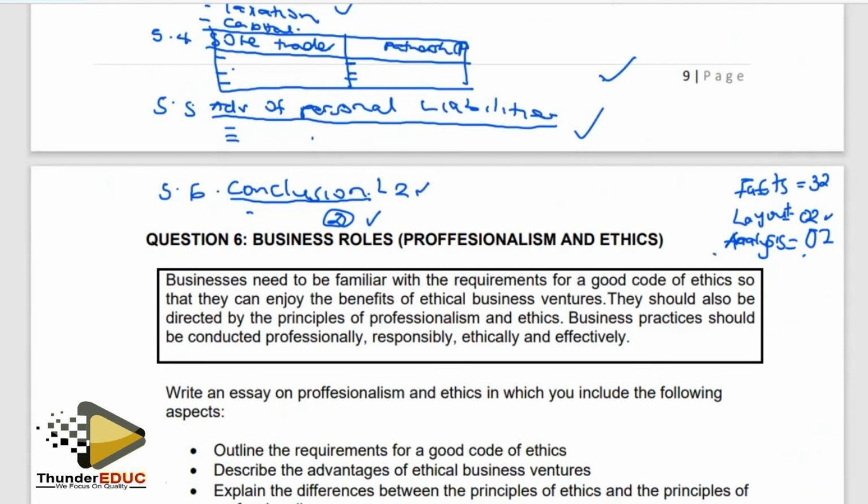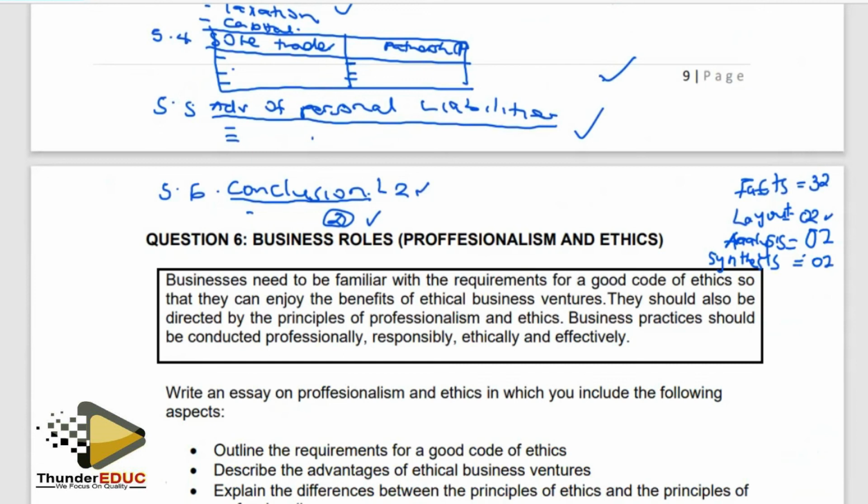Then there is what we call synthesis. Synthesis marks are 2. They are awarded if you are able to give proper answers on all the questions that were required to be answered.